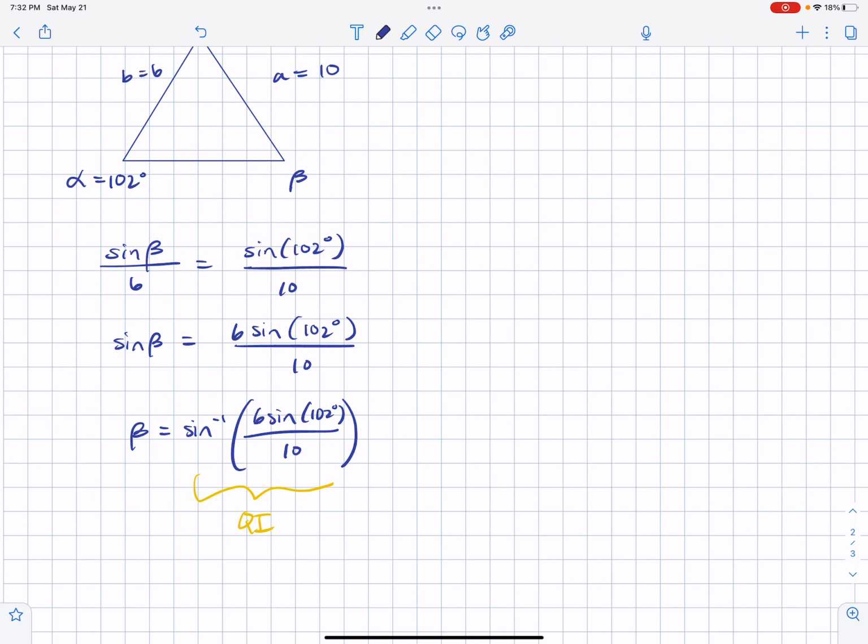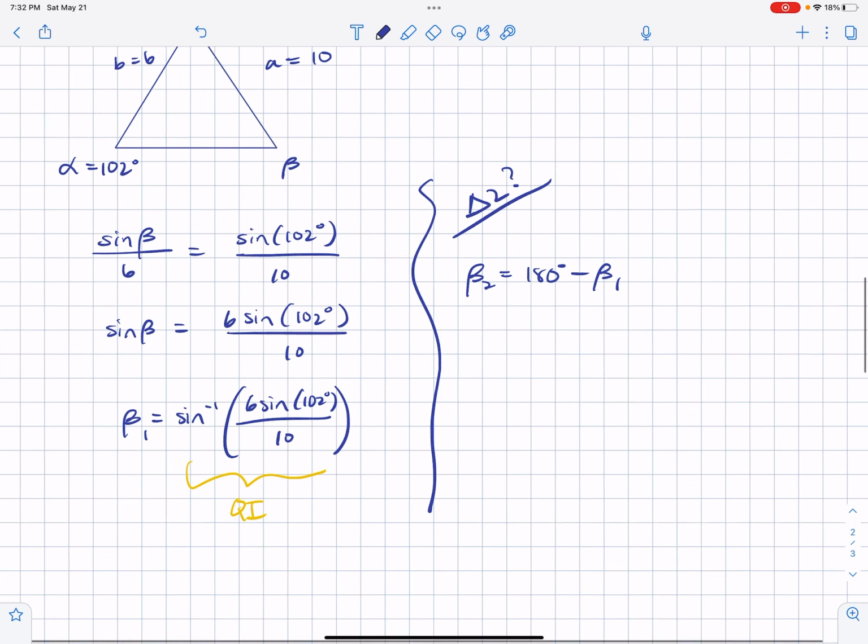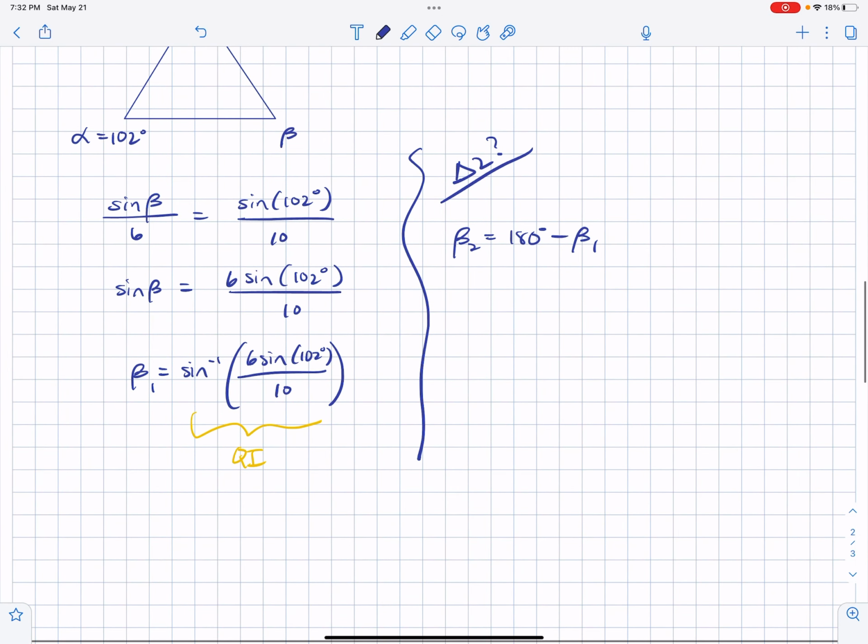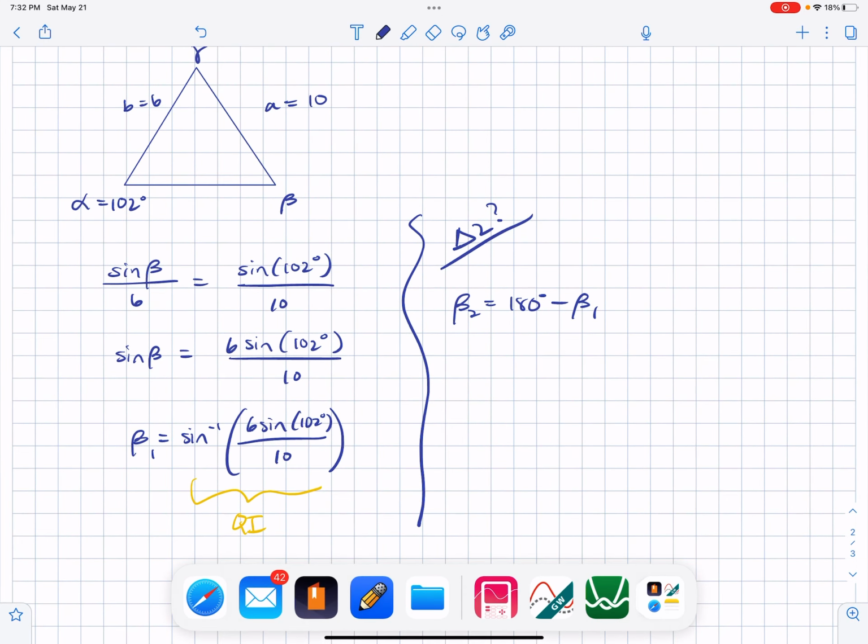But if we didn't recognize that and we just tested to see if there's a second triangle, beta sub 2 is 180 degrees minus beta sub 1.